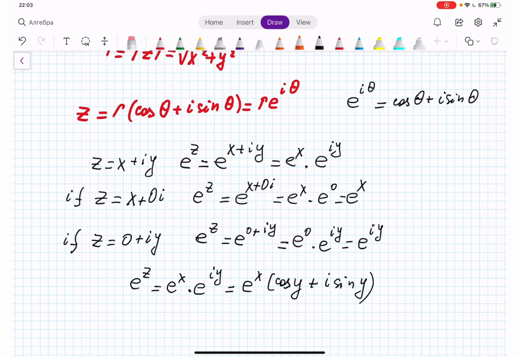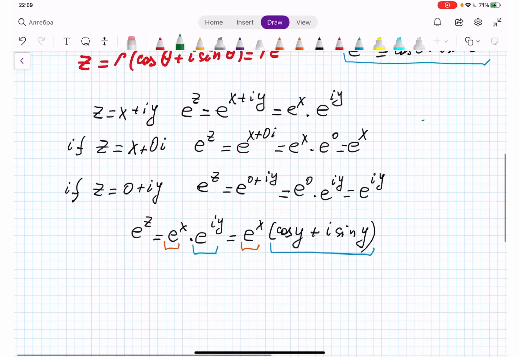So what did we get here? This is our e to power x, and this is e to power iy, which equals cosine y plus i sine y. Here is based on this formula.